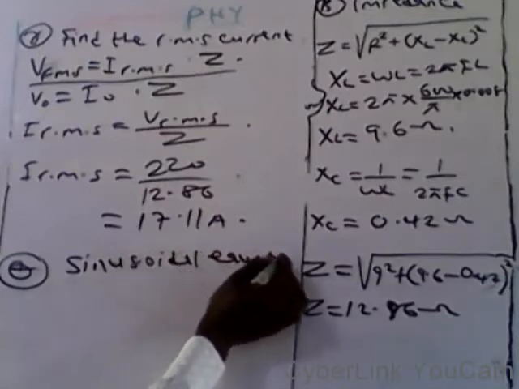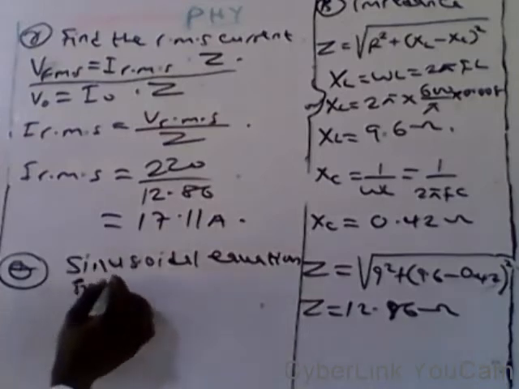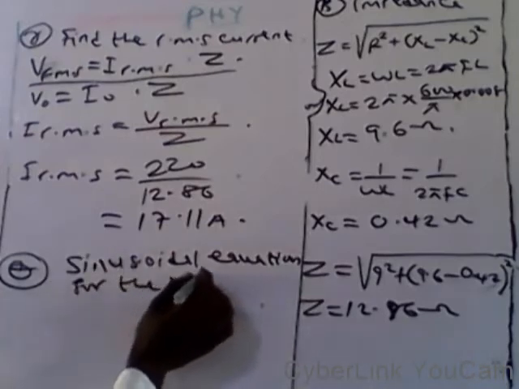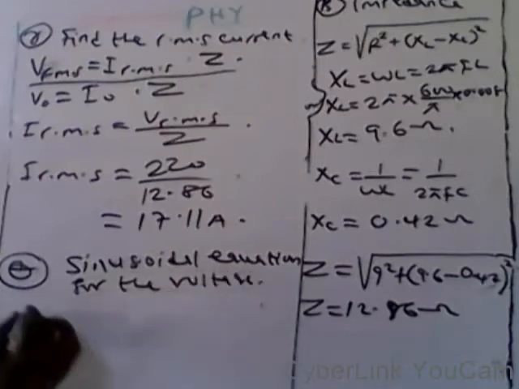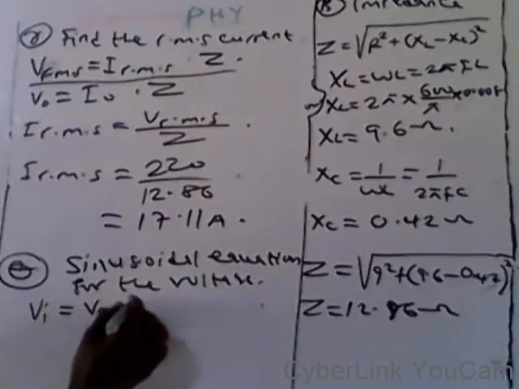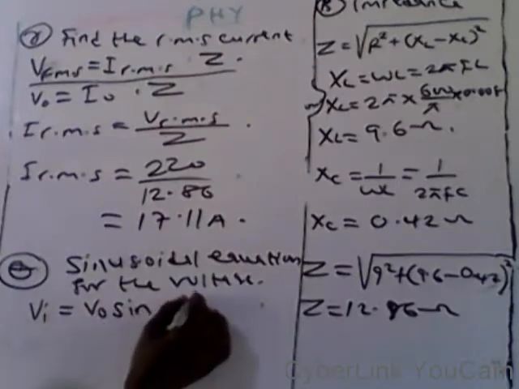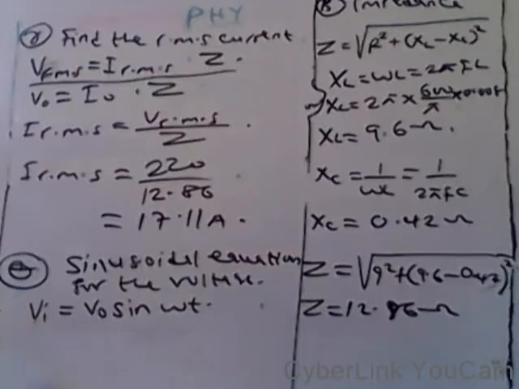Don't forget, V instantaneous equals V naught sine omega t. So we need to calculate our V naught.